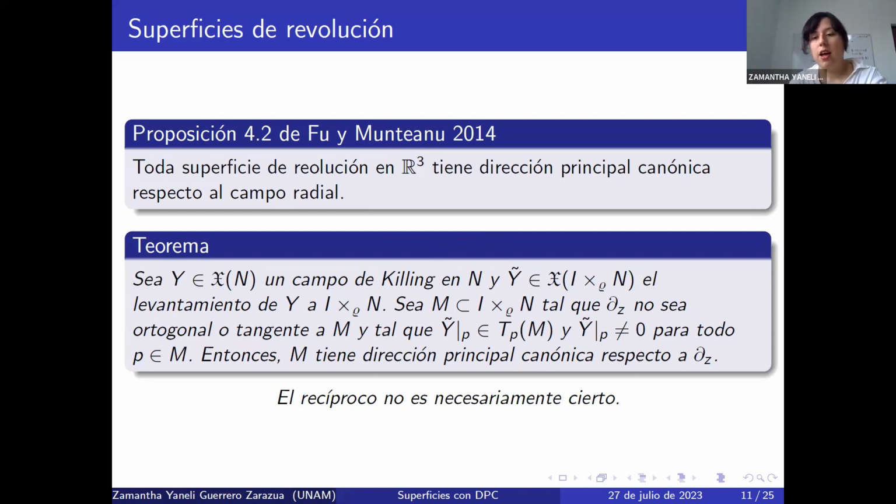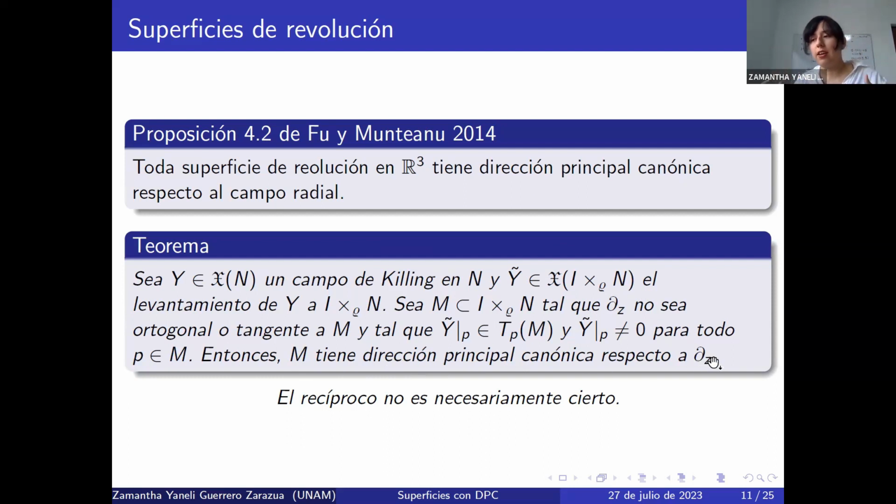And in fact, and this is one of the results from my thesis, if we have a surface that is tangent to a Killing field which doesn't become zero, and it coincides in all points tangent to the surface, then M has to have canonical principal direction.